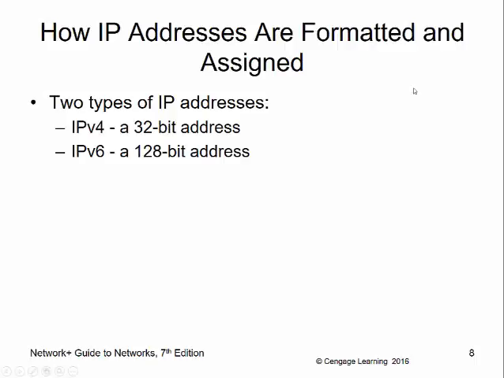Cue IPv6. IPv6 was designed from the get-go to relieve the potential shortage of IP addresses. And compared to the 32-bit address of an IPv4 address, IPv6 gives us 128 bits. That's a lot of bits. If a 32-bit address represents 4 billion possible values, and every time I add a bit position it doubles, so 33 bits is 8 billion, 34 bits is 16 billion, and so forth, how many do I get if I keep doubling all the way to 128 bits?